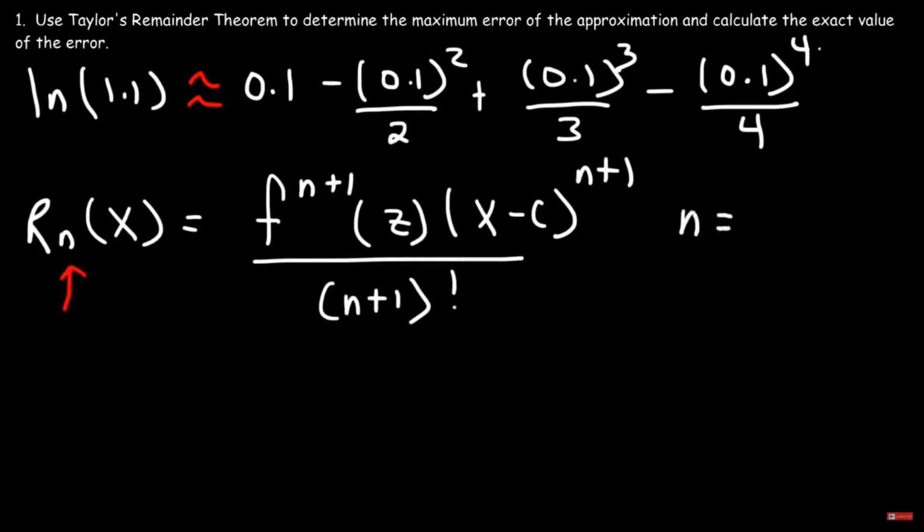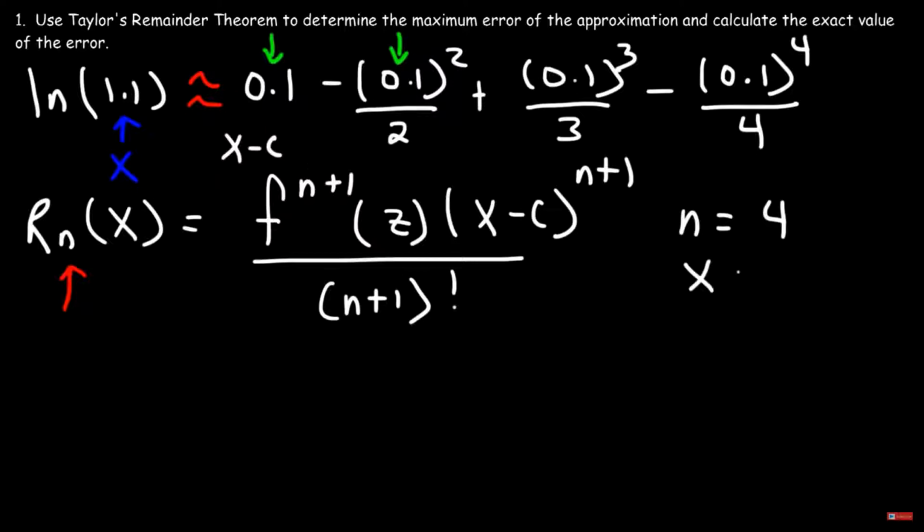N is basically the last number you see here. N is 4. Now what about x and c? We're trying to approximate the natural log of 1.1. That's your x value. Now the 0.1 that you see in every term is equal to x minus c.